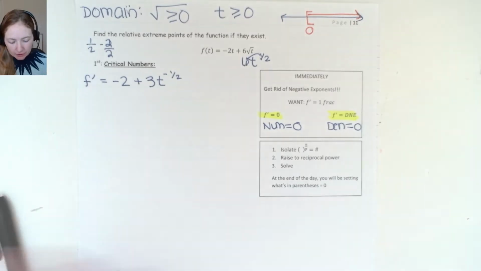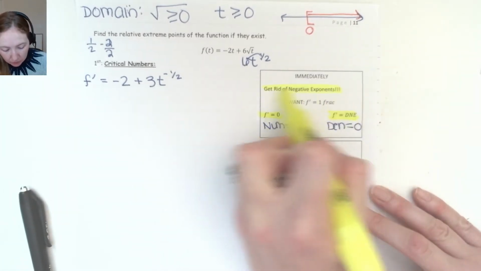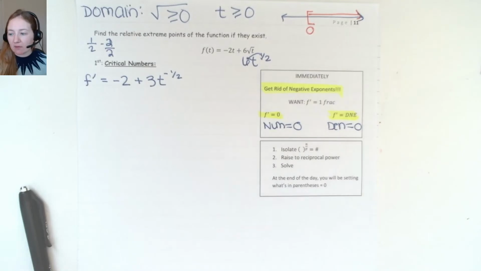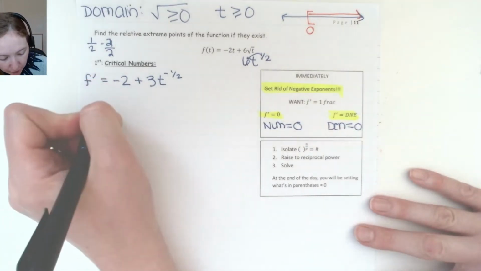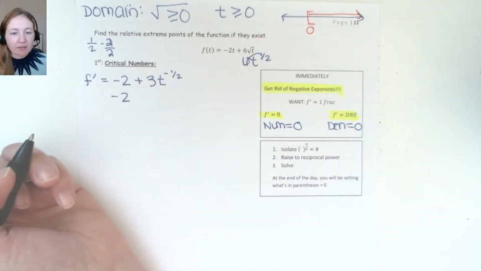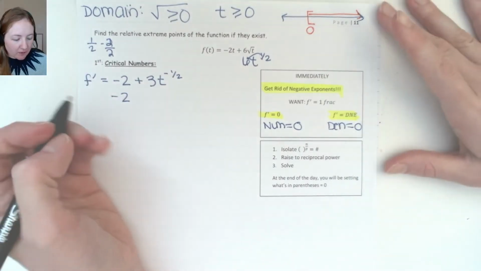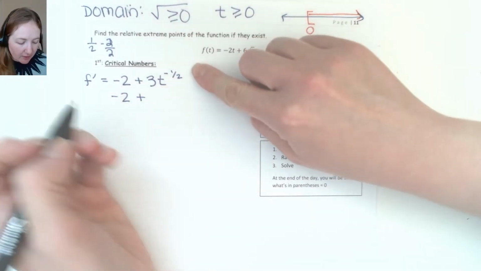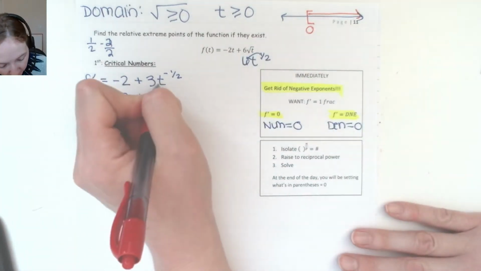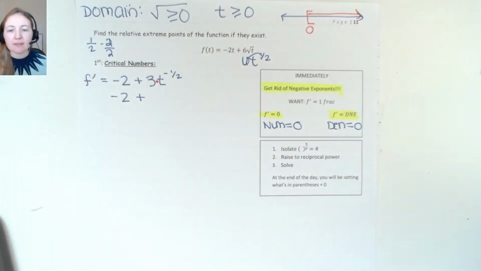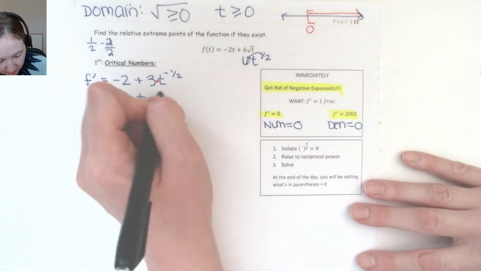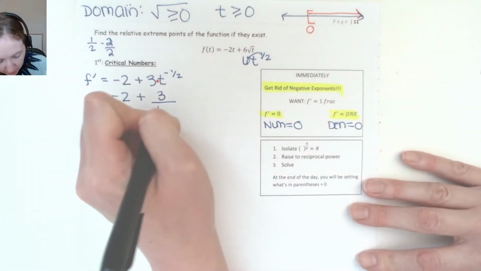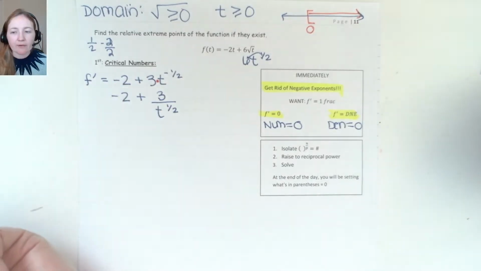So we are going to get rid of the negative exponents as soon as possible. So this first term, this -2, does not have a negative exponent. It's perfect. The second term has the negative exponent. Remember that the 3 is separate from that t to the negative 1/2. So this is going to be 3 over t to the 1/2.